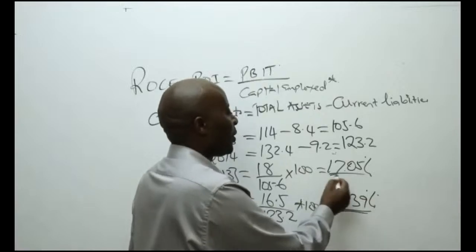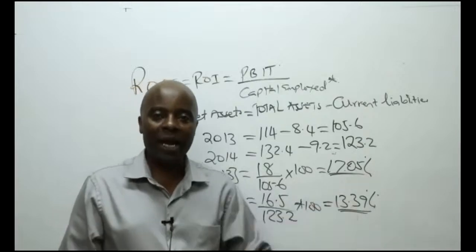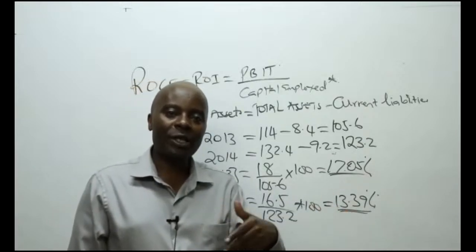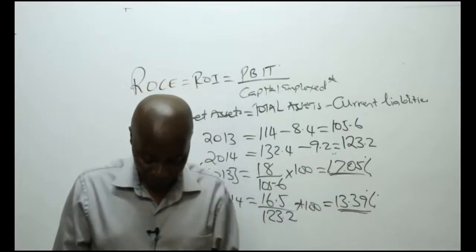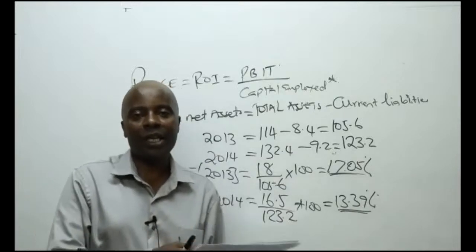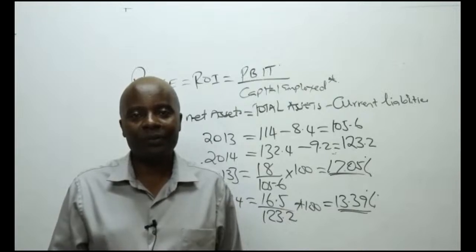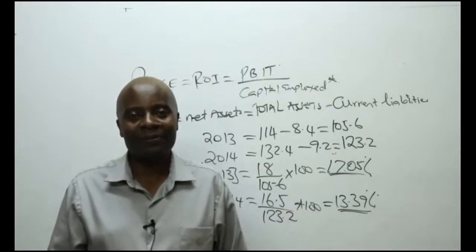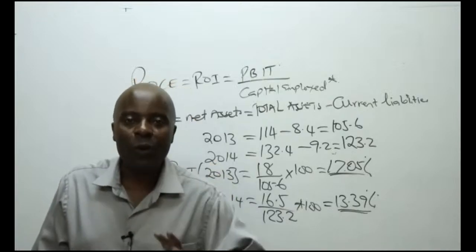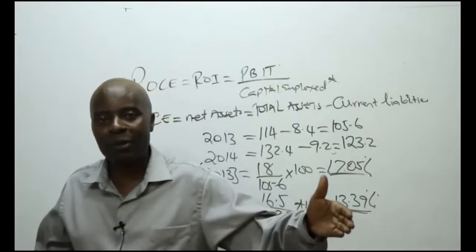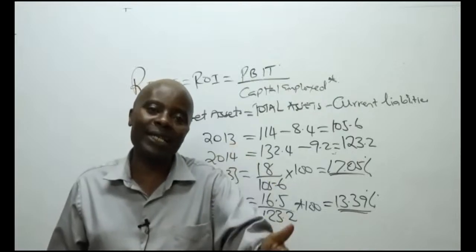Now, ladies and gentlemen, talk about the performance of this company as time goes by. On the basis of ROI, are we seeing a good trend or a bad trend? A bad trend, because honestly speaking, the more we are in business, the more our returns should be increasing.